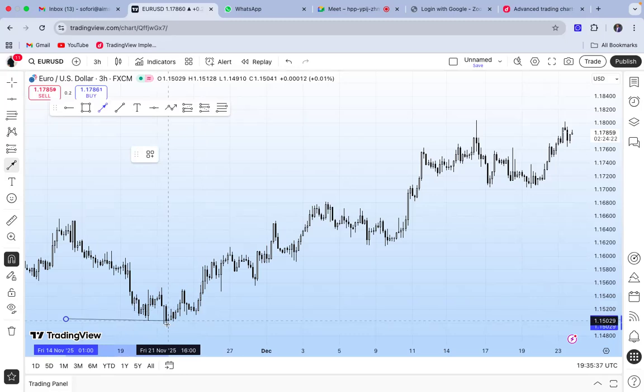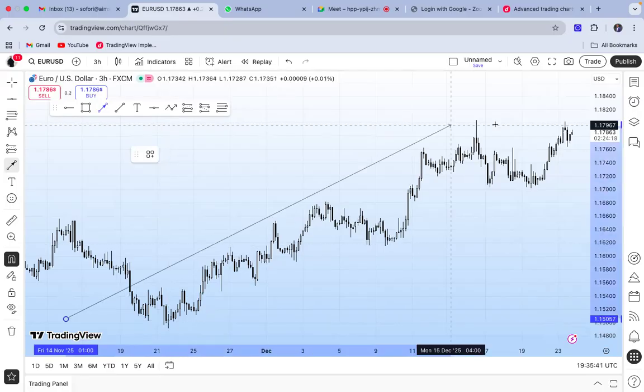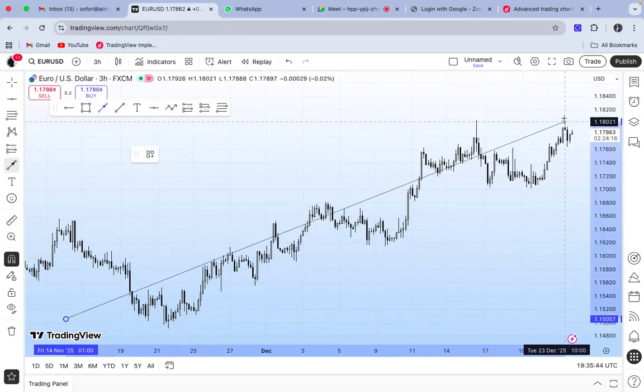The price was around 1.15029. And then it has moved all the way to 1.1802. I know that if I subtract the two numbers, I'm likely to have a positive figure because this is what? An appreciation. The market has moved from a lower price to a higher price. So this is obviously an uptrend.